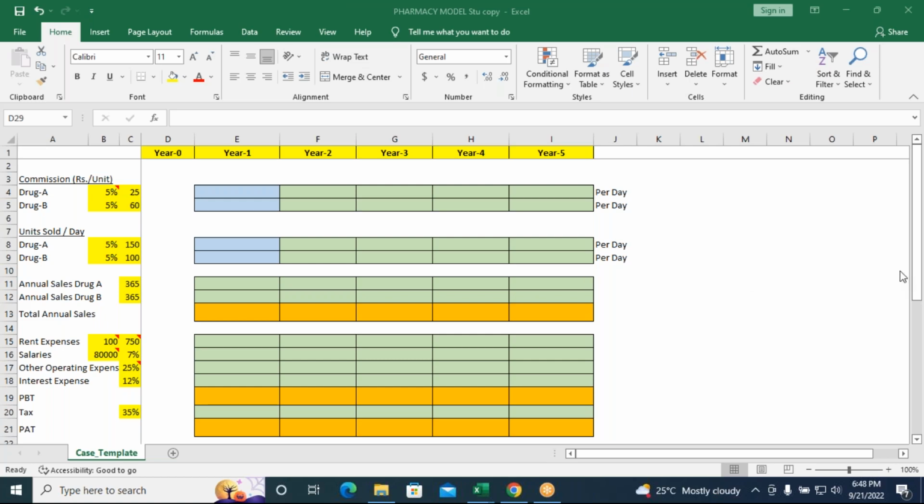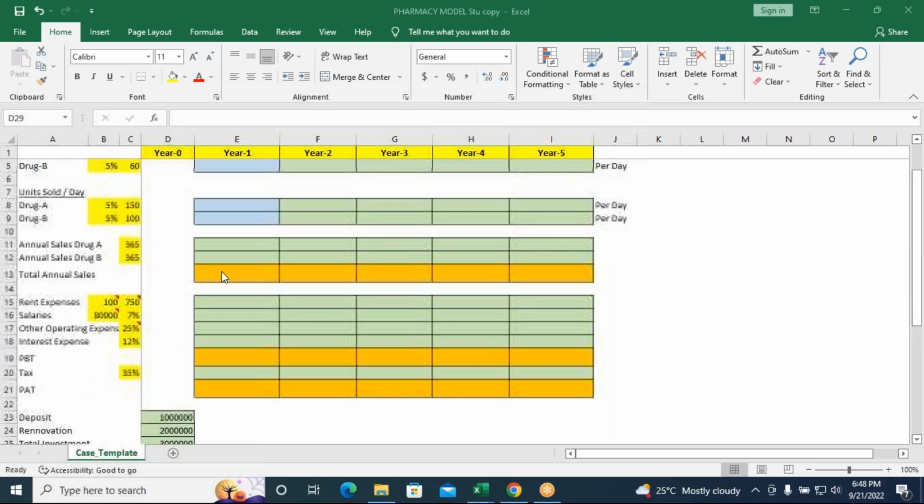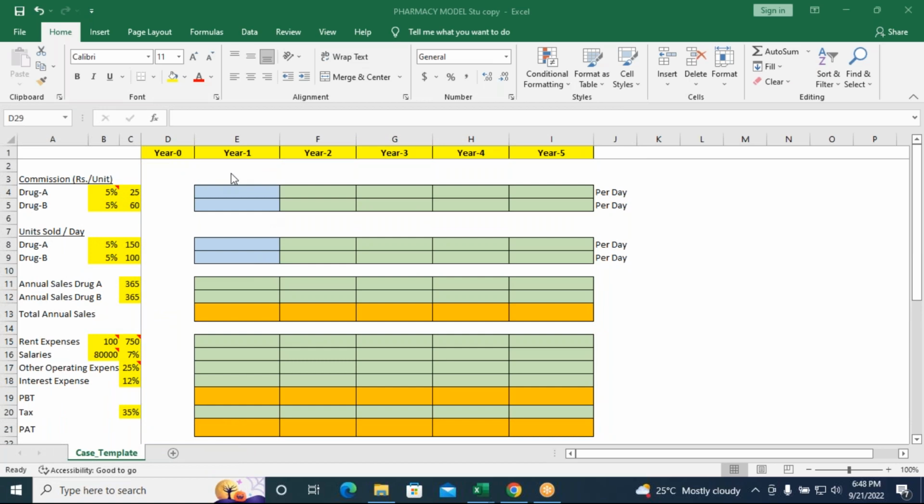Done, girls? Yes, ma'am. Okay, now we will do the calculation here. The drug A amount is 25 rupees and drug B's amount is 60 rupees.